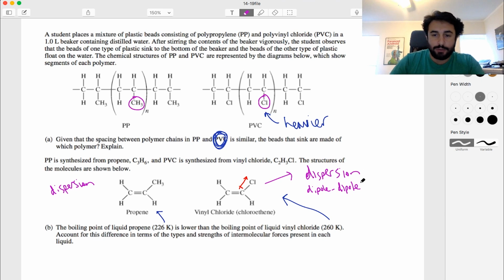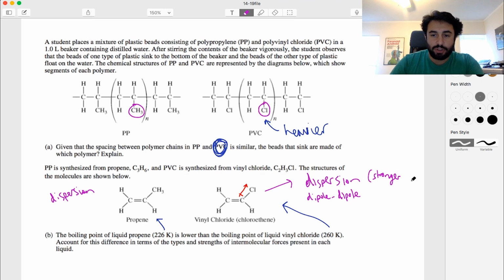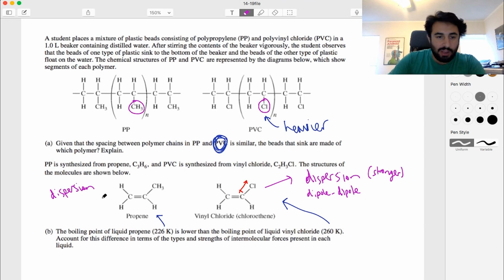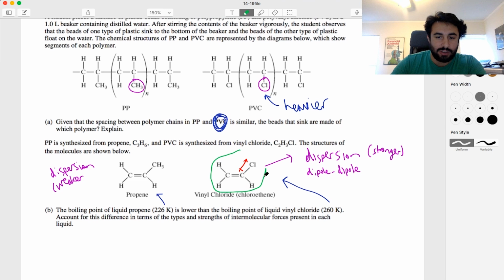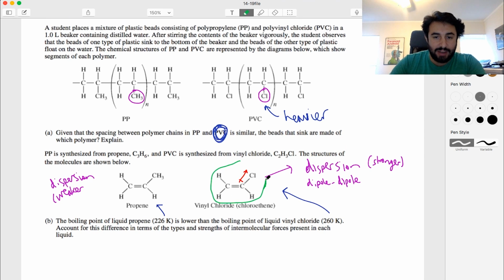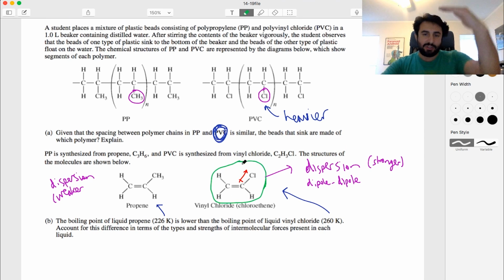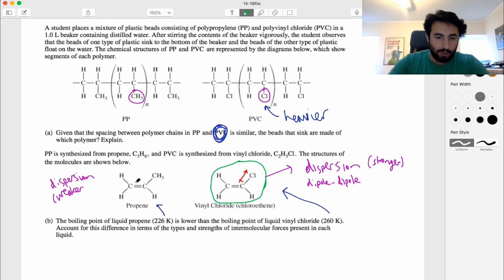Furthermore, this one makes stronger dispersion interactions, and this one makes weaker dispersion interactions because the chlorine atom is bigger, so we're talking about a slightly larger electron cloud, right? Chlorine is one period down. It's got an additional shell from carbon, so this is a little bit smaller.